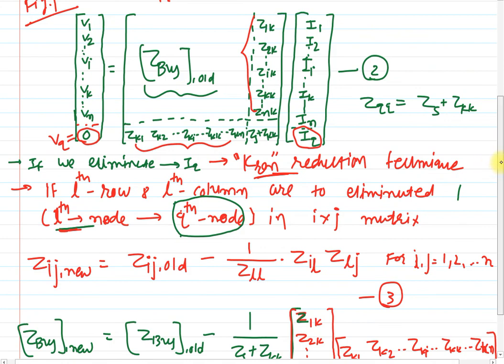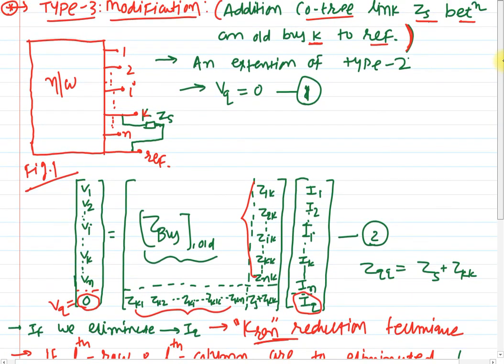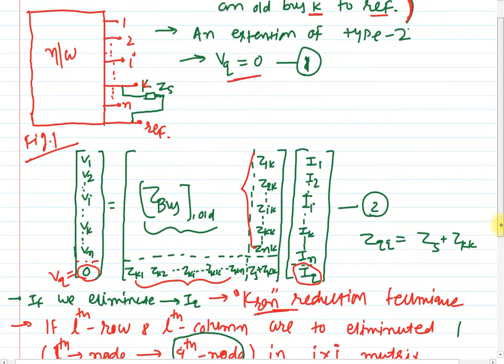This is the simplest modification among all the modifications. Again, let us see what we have done here. Type 3 modification is an extension of type 2 modification, where we have considered that bus number Q is connected to the reference bus. That means the voltage at Q will become 0.